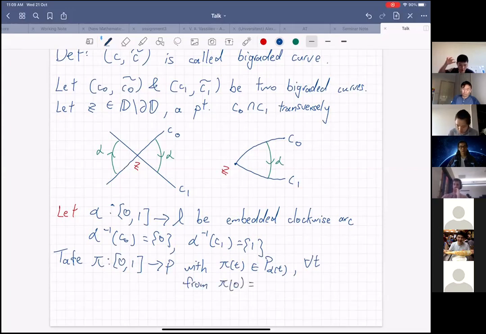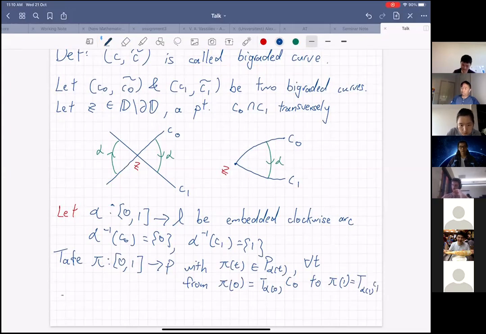So now we want to construct a path in P, which is the projectivization of my tangent bundle. So now you also can think of the Lagrangian story. Maybe you can imagine a bit.